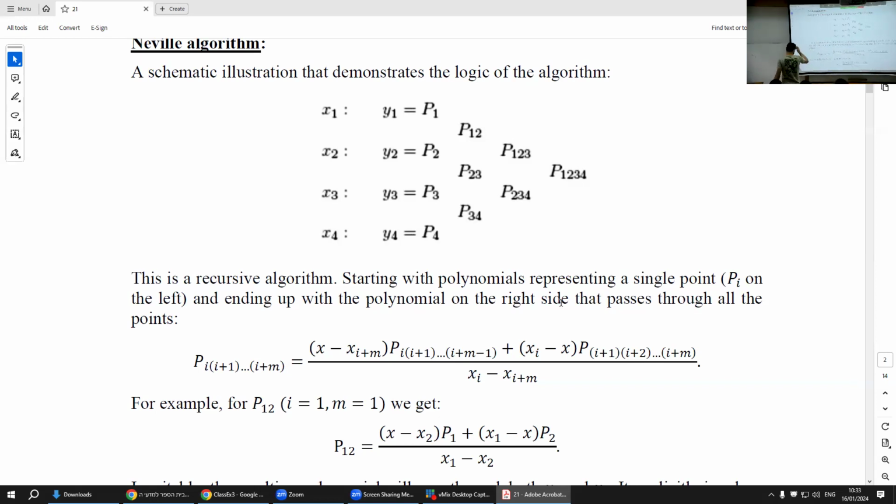Okay. And again, what I've just said already proves for you that this takes into account this and this and makes the correction for x1 and x3.